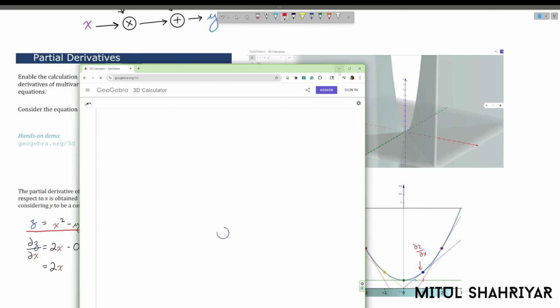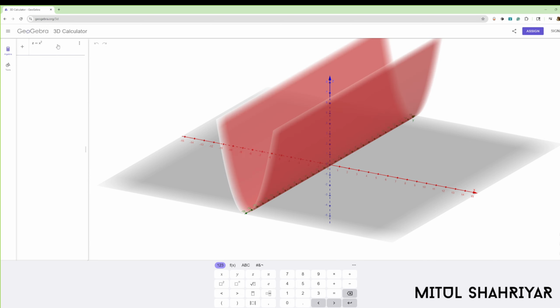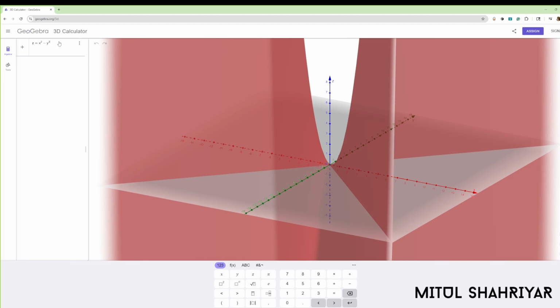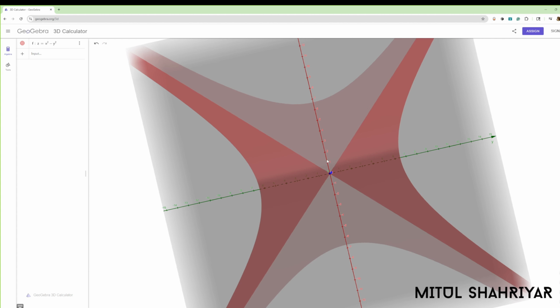Okay, here it is. So if you just write z equal to x square minus y square. Great. So that is the graph.